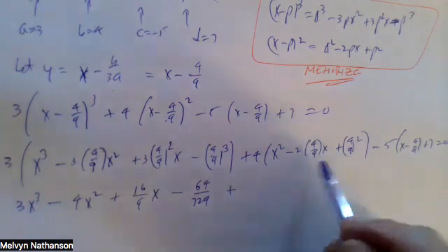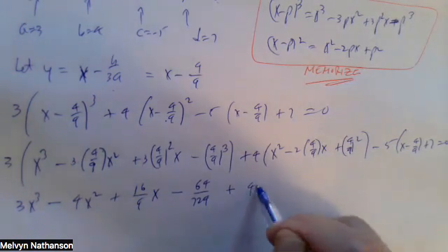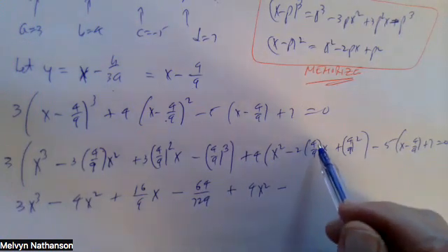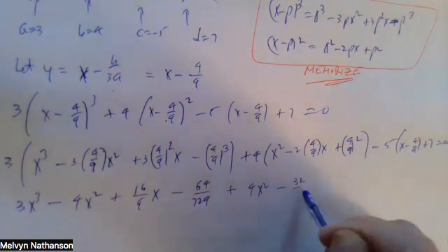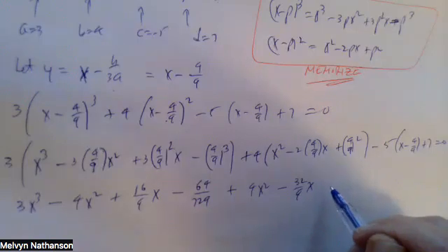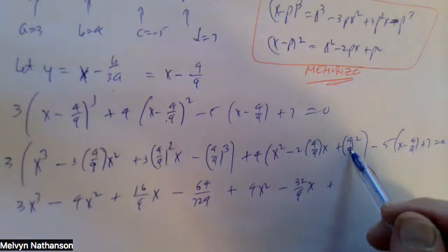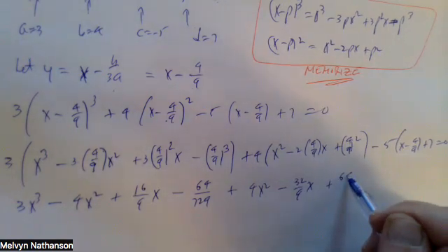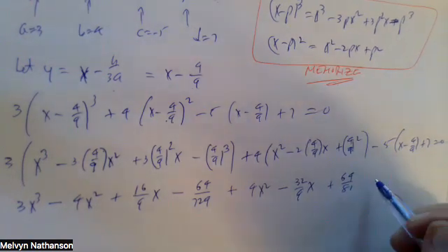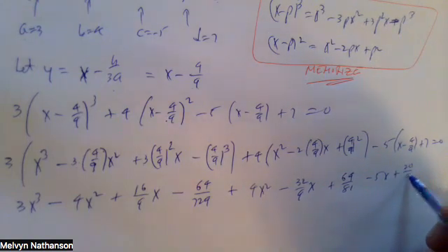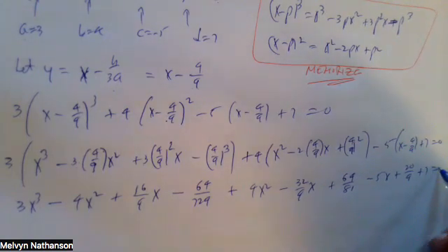Plus, let me cross multiply this, 4x squared minus 4 times 2 times 4, that's 32 over 9 x, plus 16 over 81 times 4, 64 over 81, minus 5x, plus 20 over 9, plus 7 equals 0.